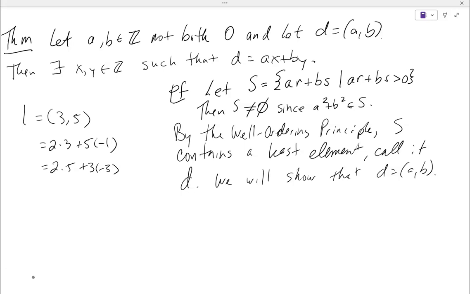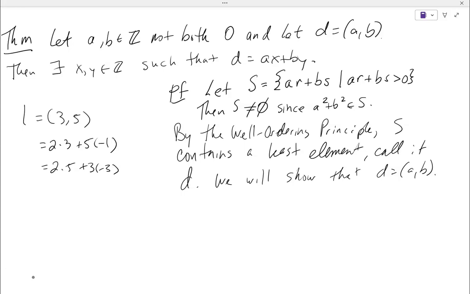Okay. All right, so there's two things that we need to show in order to show that D is a greatest common divisor. We need to show that it in fact is a common divisor of A and B, and it is the biggest. Showing it is the biggest actually is pretty straightforward. Let's do that first. Let's assume that it really is a common divisor.